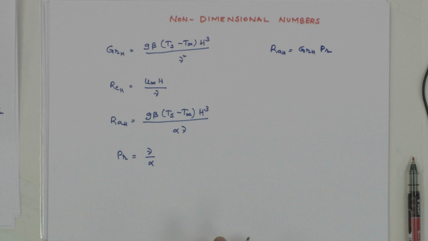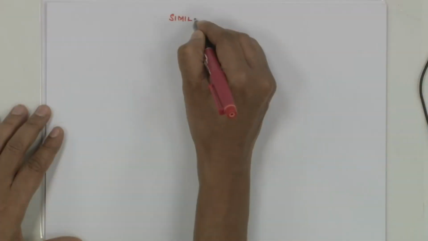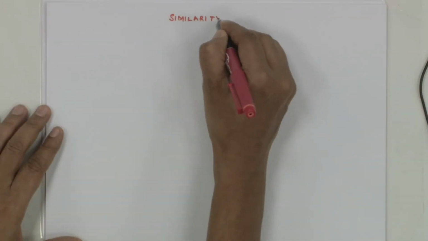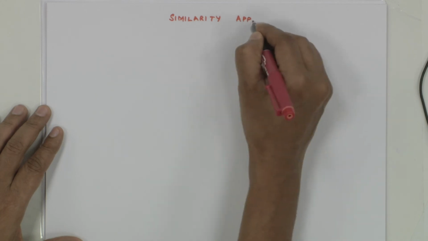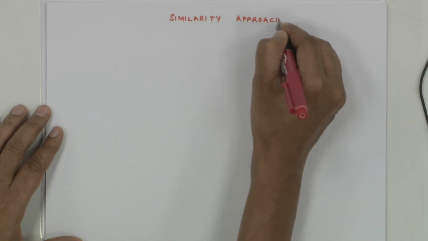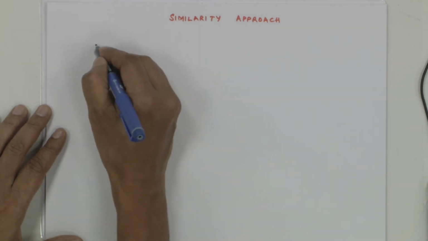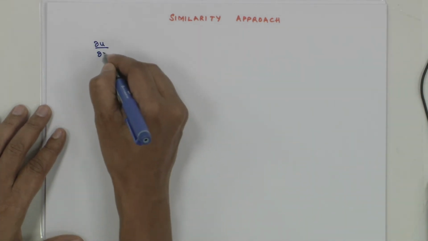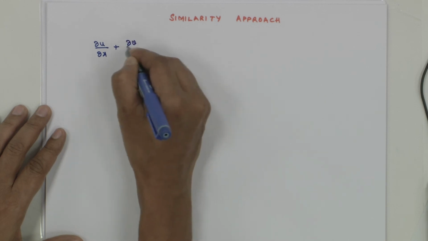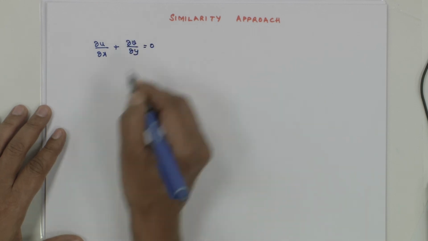Now let us take up, conventionally what we do, the similarity approach. That is, what are my equations? Del u by del x plus del v by del y equal to 0.